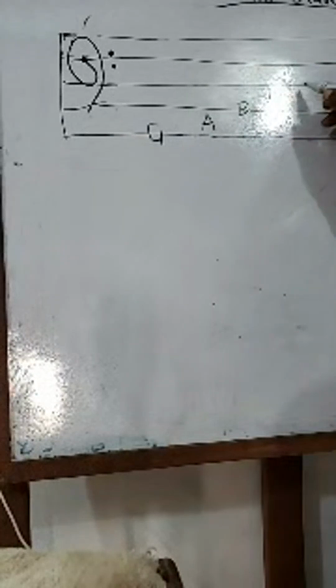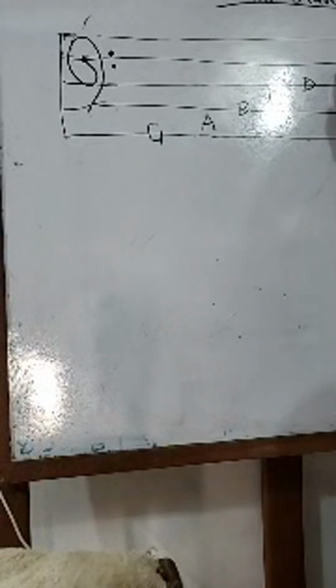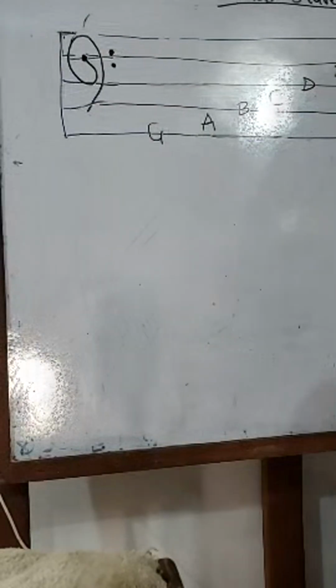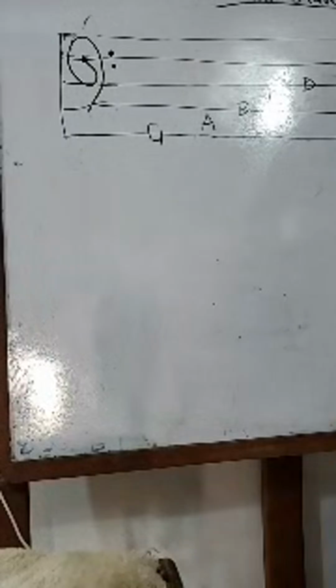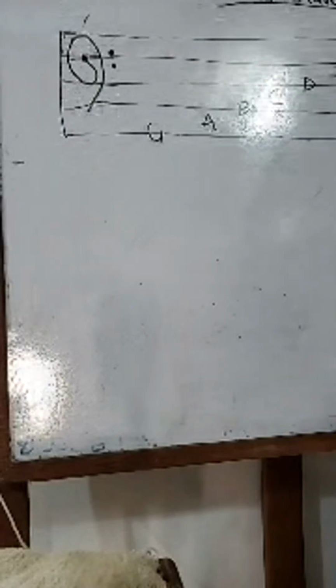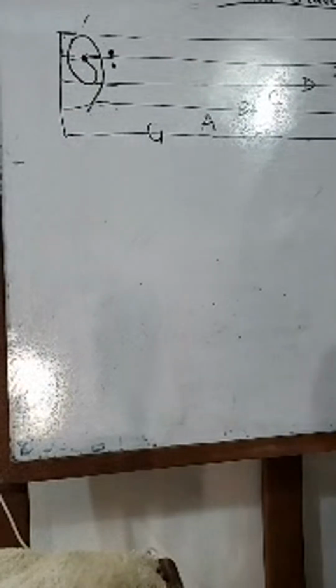Then C, D, E, F, G, and A. Now I'm double closing this part because I am done. Yes, when you are done with anything musically, you use a double bar line to close.